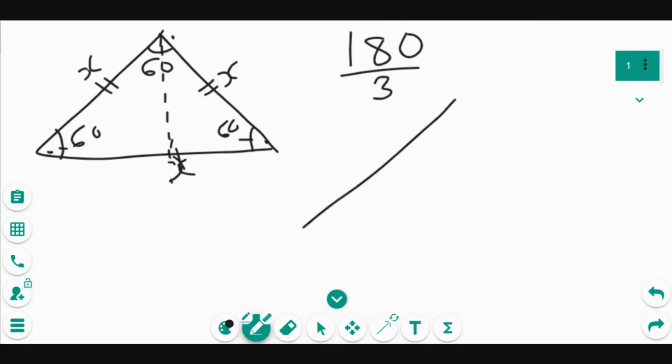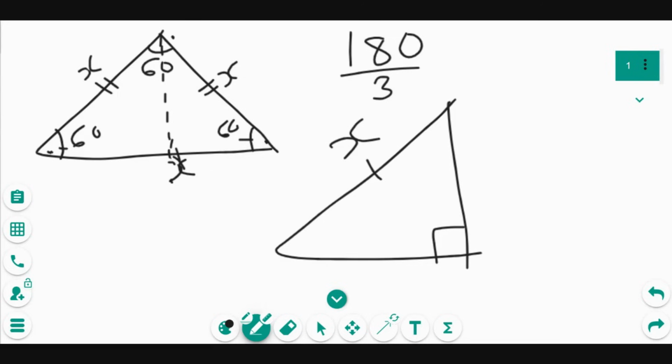I get a right angle triangle when I just take one piece. This length was x. This angle is 60 degrees.